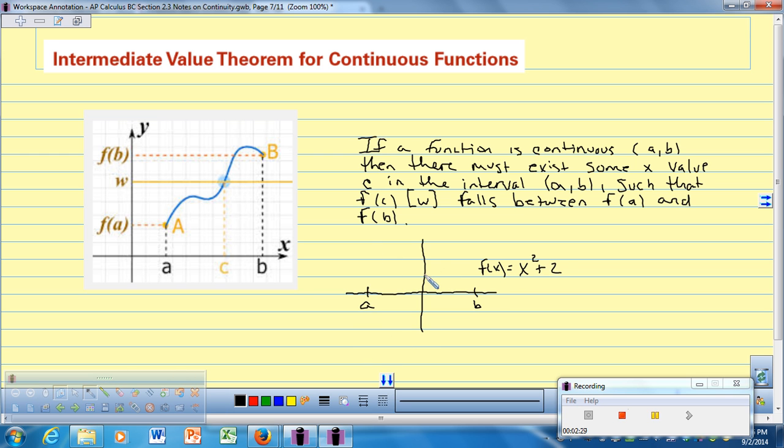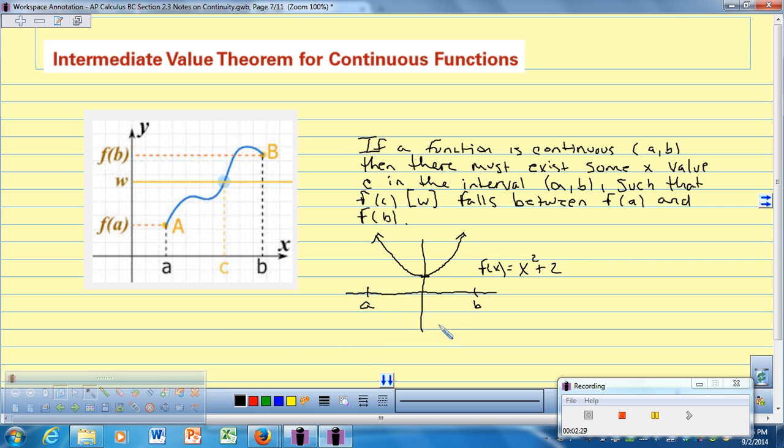Well, x squared plus 2 is a parabola shifted up 2, like that. Well, we would want to know if, on the interval from a to b, there is a 0. And we could test this. X squared plus 2 is a continuous function.